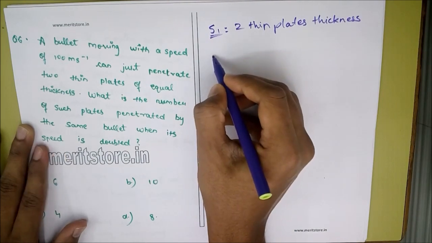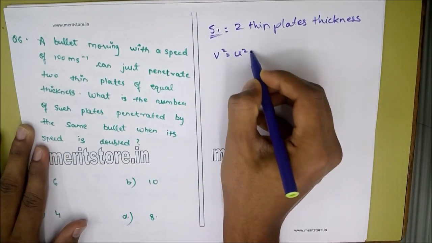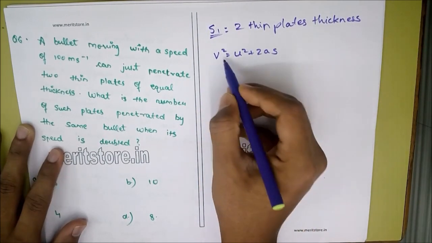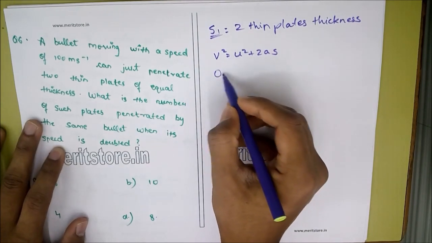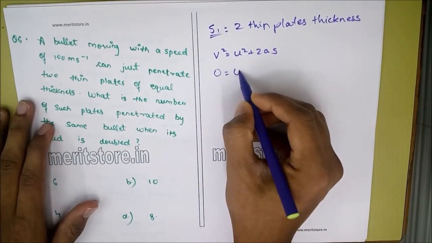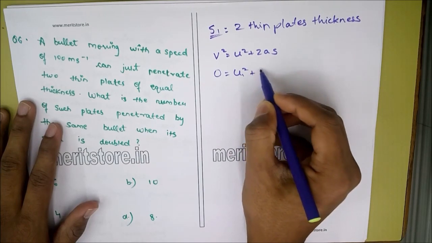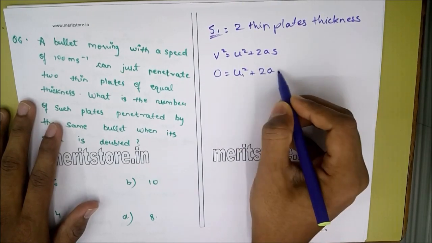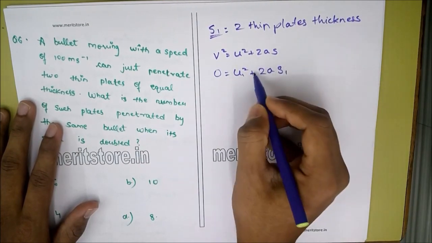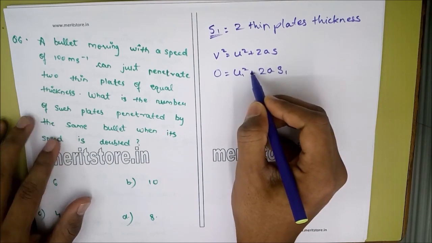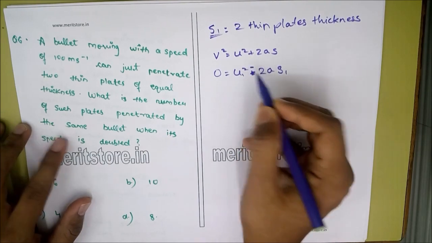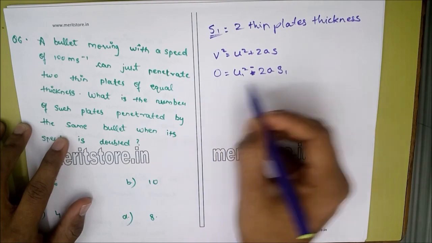Now using the relation v square is equal to u square plus 2as, the final velocity is 0. For the first case, 0 equals u1 square minus 2as1. Since the bullet is coming to a stop, there would be a retardation and hence a negative sign.